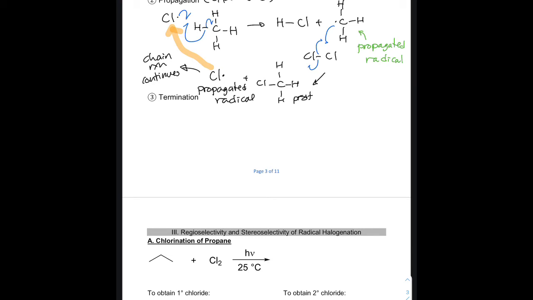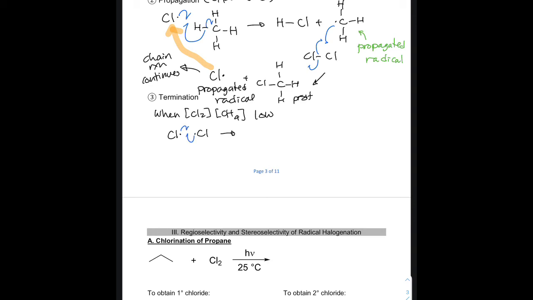But at the end, there's going to be eventually the end of the reaction, and that happens by some sort of a termination reaction. A termination step happens when the chlorine and the starting material concentration get low, right? Then what can happen is these chlorine radicals might not run into another intact methane molecule, so they might run into each other.